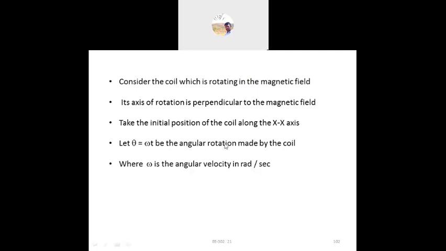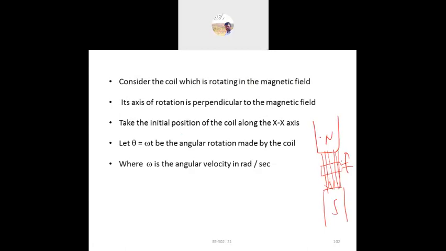Here is the north pole and the south pole, and in between we place one conductor. The magnetic field is flowing through this, and its axis of rotation is perpendicular to the magnetic field.